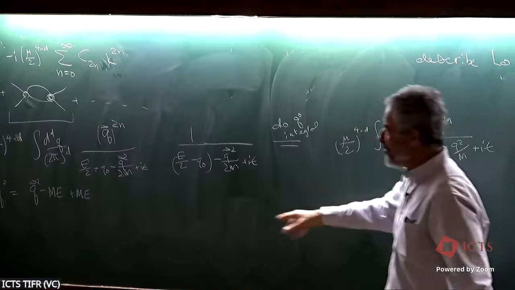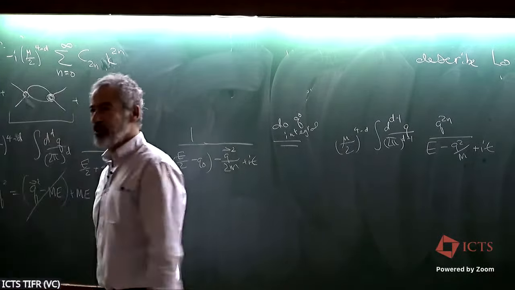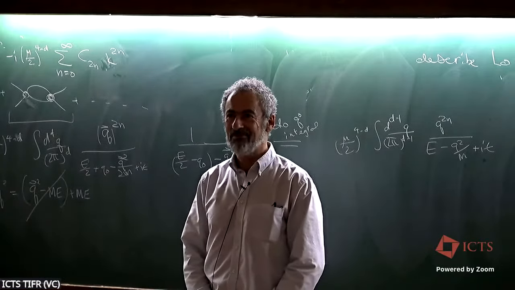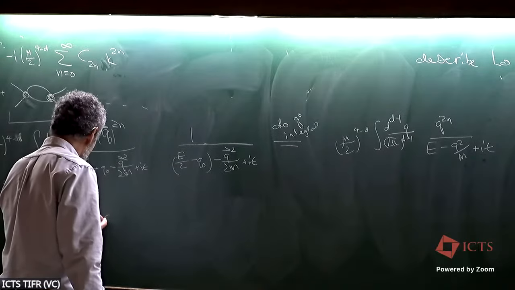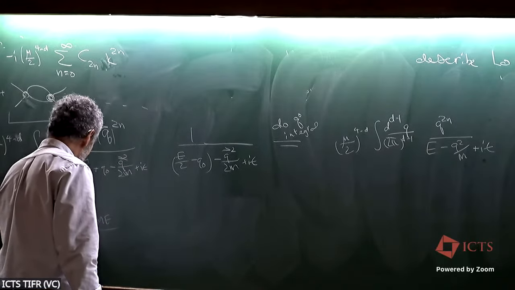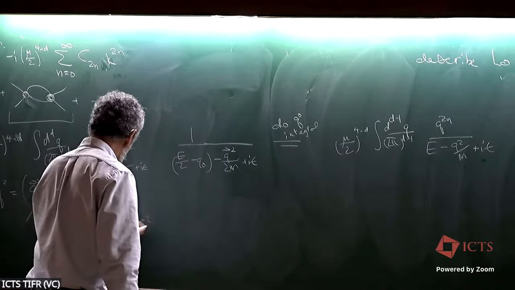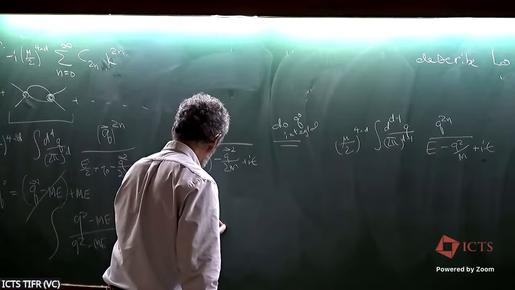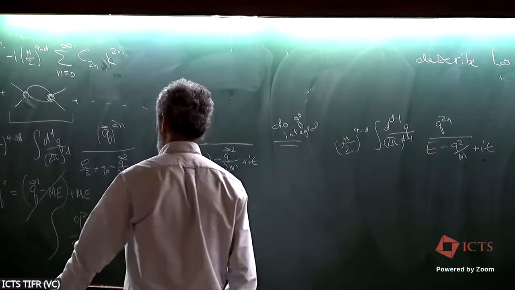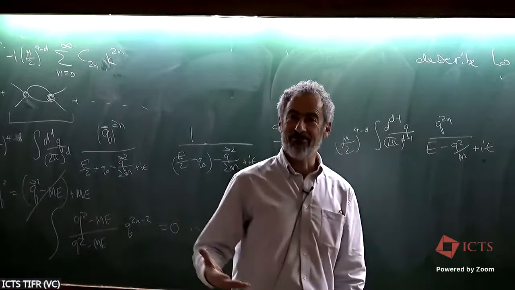So this contribution goes away, so I can ignore that and I can replace q squared by its on-shell value, which is mE.